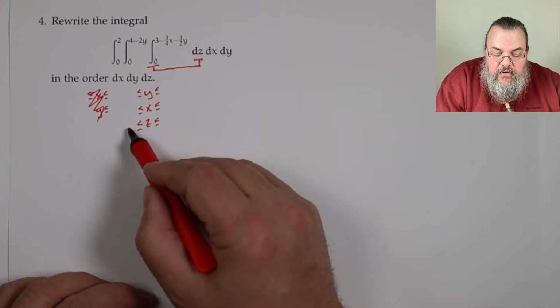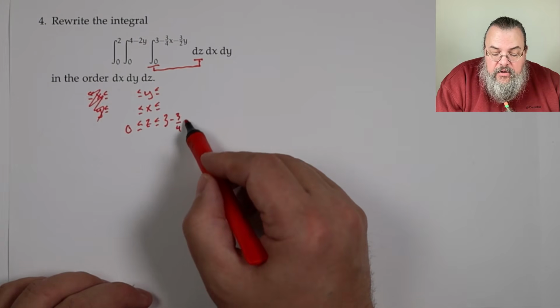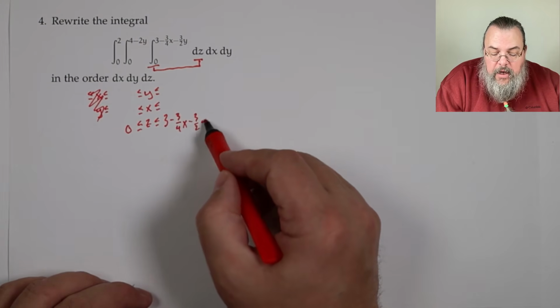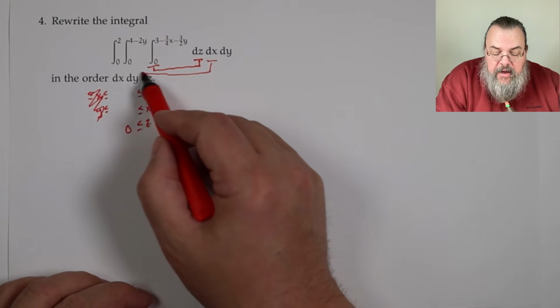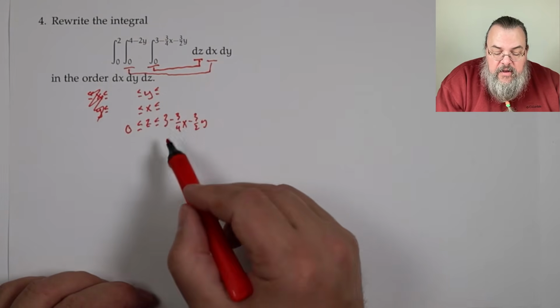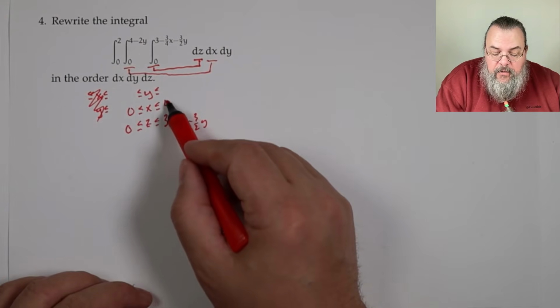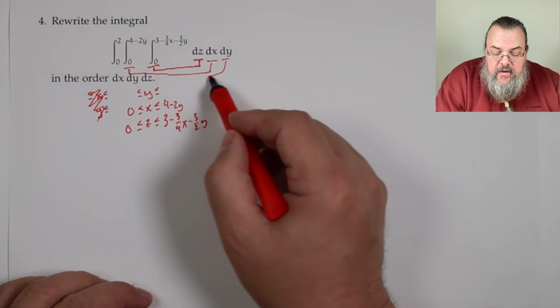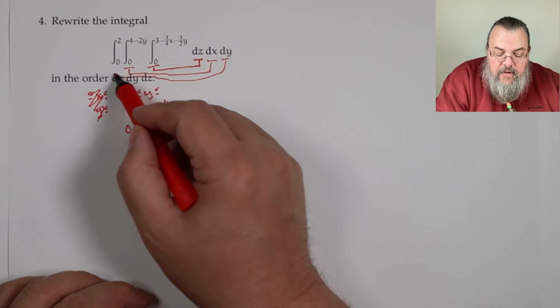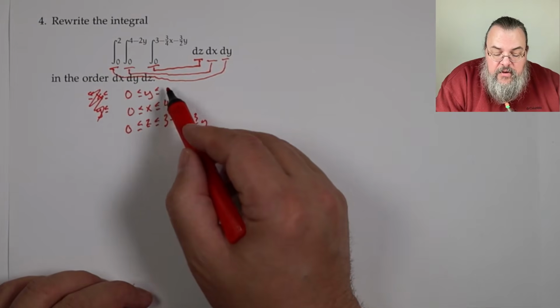Okay, so z goes 0 up to this 3 minus 3/4 x minus 3/2 y. Next layer is the x layer, and that says x goes 0 up to 4 minus 2y, and then the last layer is the y layer, and y goes 0 up to 2.